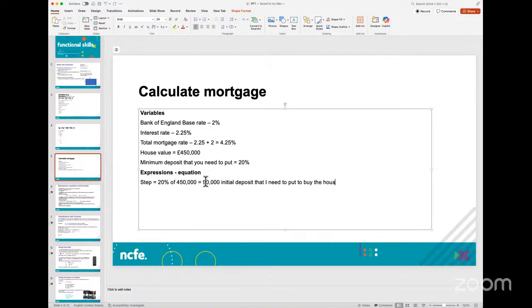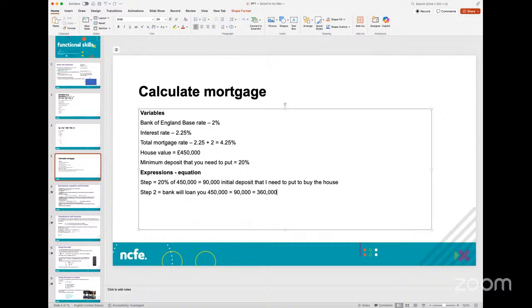Step two: how much money will the bank loan you? 450,000 minus 90,000 is equal to 360,000.